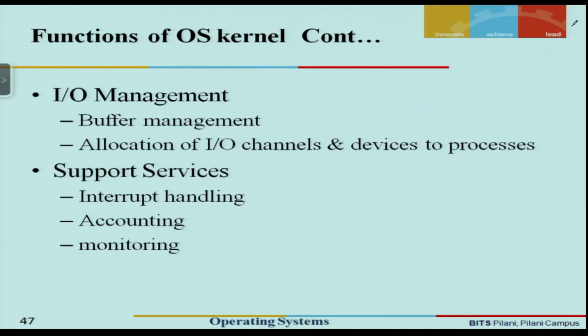So whenever a user process wishes to carry out some kind of IO operation, it uses a system call, and whenever it uses the system call, the user process moves from user running mode to kernel running mode, and inside the kernel running mode, IO management is required to be carried out to manage the IO devices and the services offered by the operating system.